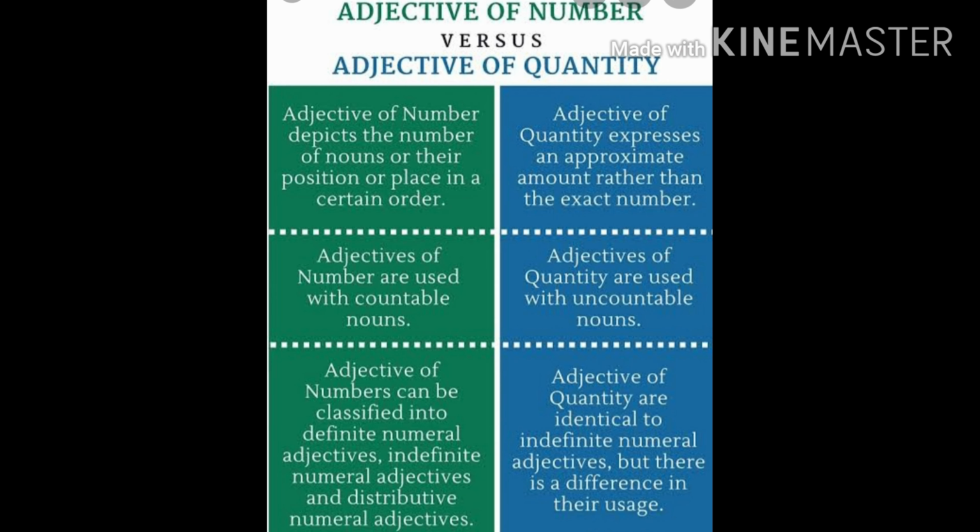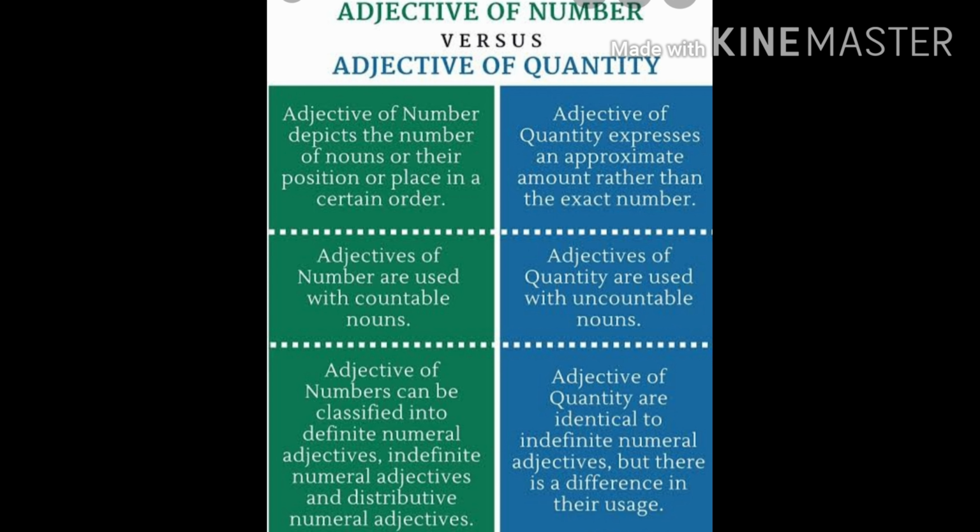Now, what is the difference between an adjective of number and an adjective of quantity? There are some points. First, an adjective of number depicts the number of nouns or their position or place in a certain order. An adjective of quantity expresses an approximate amount rather than the exact number. Second, adjectives of number are used with countable nouns.